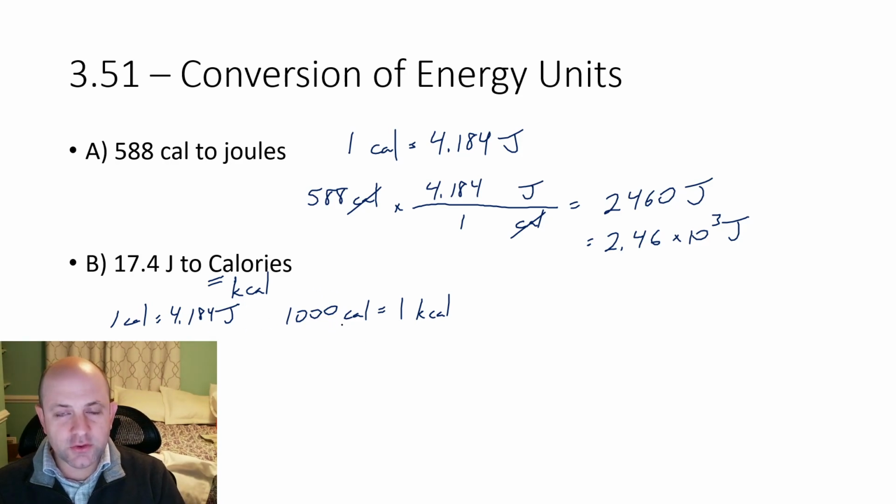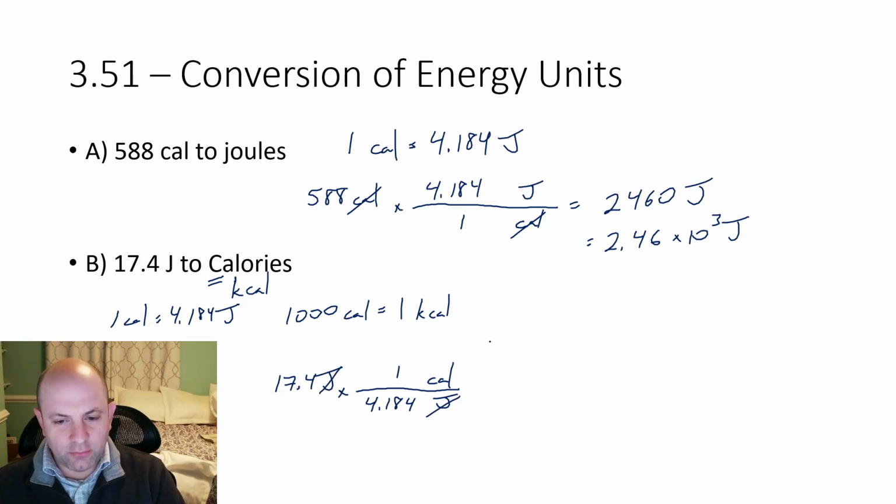So we have 2 conversions. That means we're just going to do 2 steps in our problem. So again, we start with our given 17.4 joules times our first conversion factor, joules on the bottom, calories on the top, so that things cancel out right. 1 calorie is 4.184 joules, so that will cancel that out.